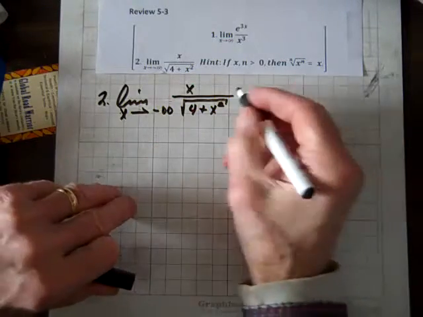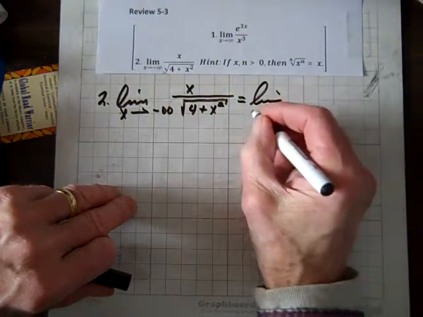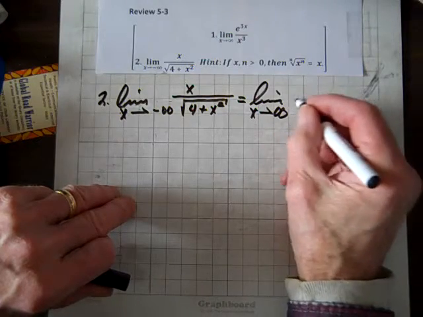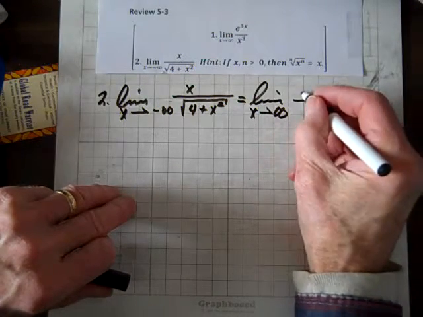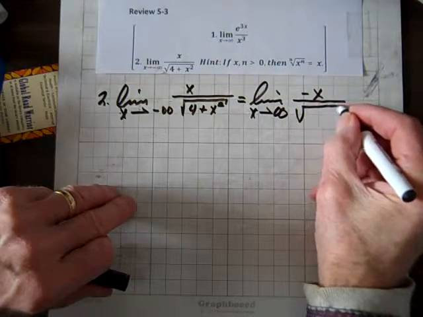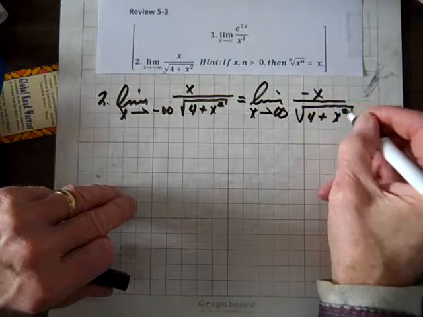We're going to rewrite this, though, in this form. The limit as x goes to infinity of, and I'll put a negative on the x, over the square root of 4 plus x squared.